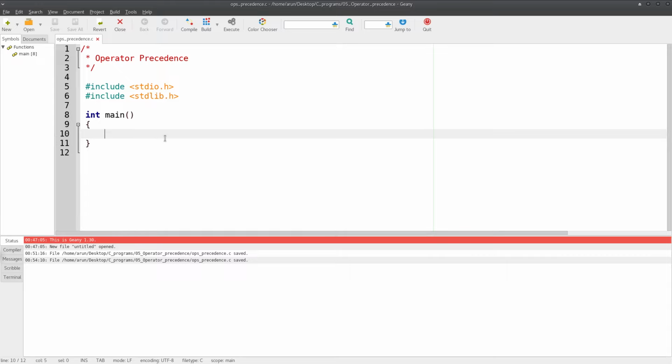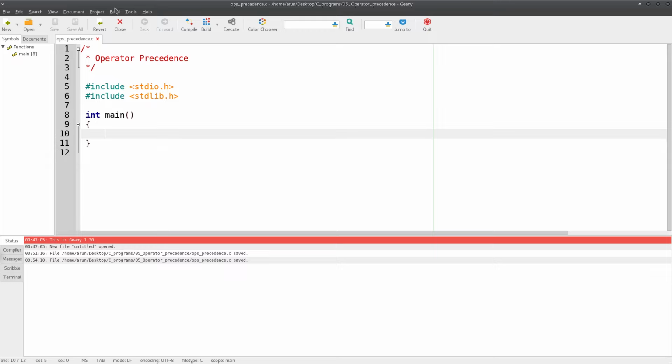And if you want more hands-on control as to what's happening with the compilation and linking of the files, you need a slightly different editor which lets you be more hands-on with the program and the compilation. Geany helps you to do that.